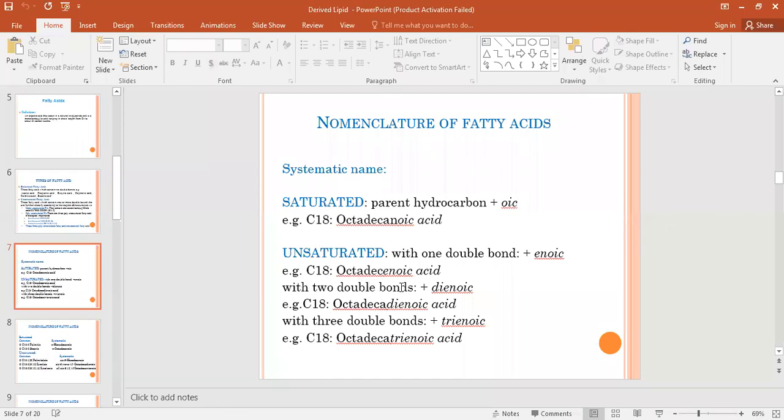With two double bonds, dienoic is added to the parent hydrocarbon name, for example octadecadienoic acid. With three double bonds, the parent hydrocarbon name is added with trienoic acid, for example octadecatrienoic acid.